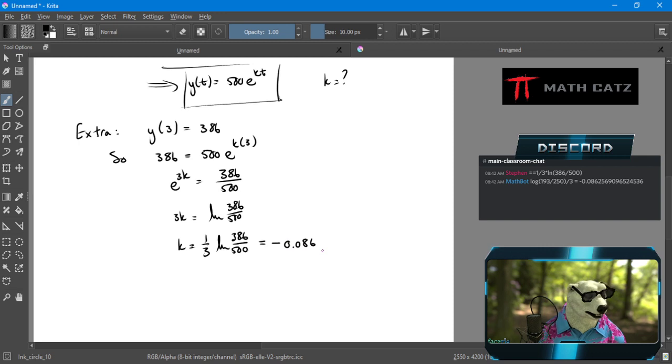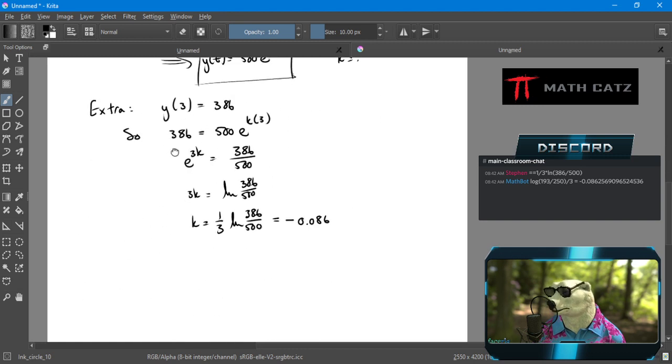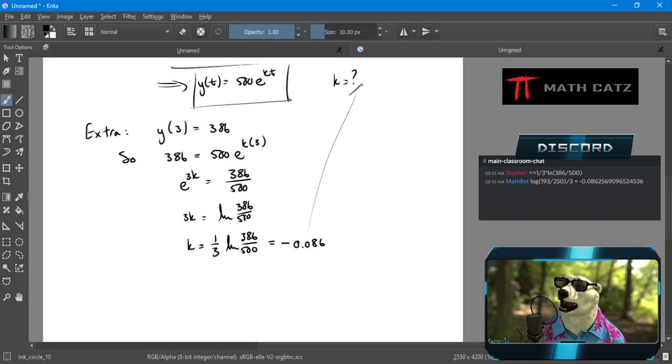So negative because the rate of change is negative. Remember the rate of change is k times y. Y is always a positive number. So if I'm going to decrease, then k has to be negative to make the derivative negative. So that is all making sense. And there's my k value that I can use in my function whenever I need to.